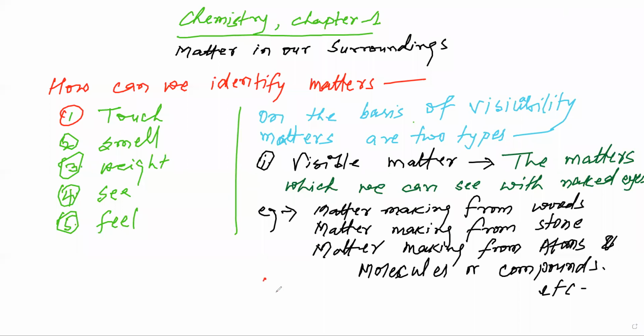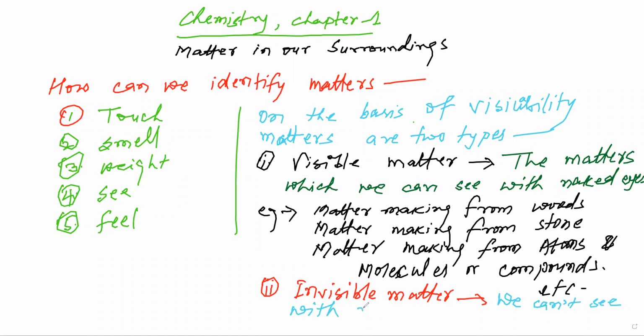Second, invisible matter. You understand? Invisible means you can't see it with the naked eye. As for example, I write here: we can't see with naked eye.